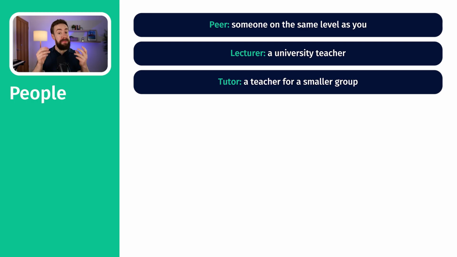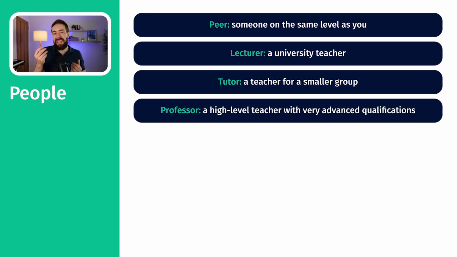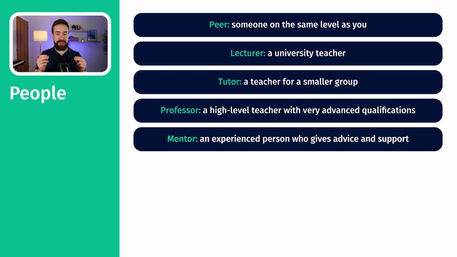And then the last one is a professor. So a professor is like a lecturer, but higher level with lots of experience, maybe higher qualifications, very respected. So a professor is the most senior, most important of these ones. The next one is a mentor. So a mentor is an experienced person who will help to guide you and give you advice, give you suggestions.